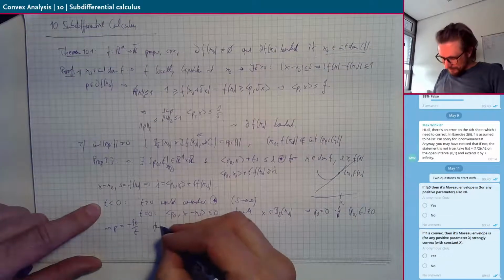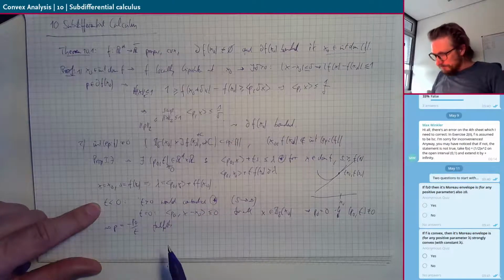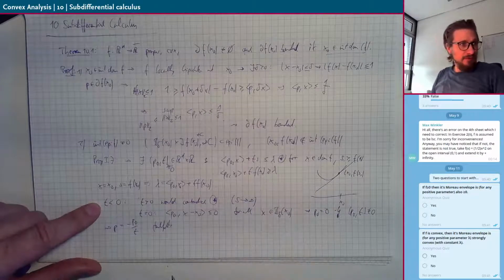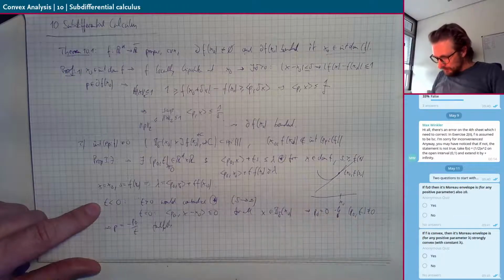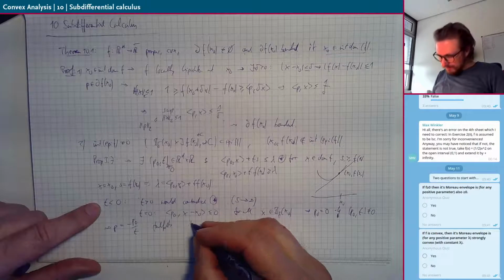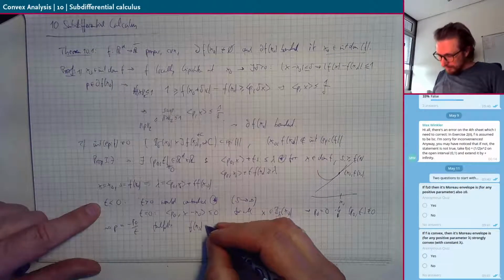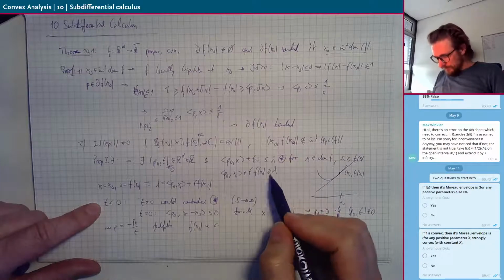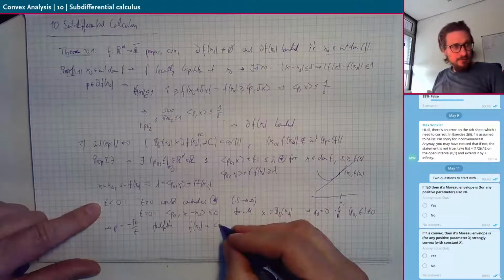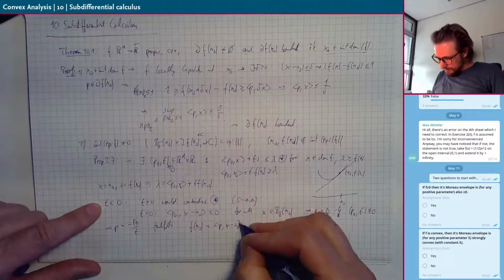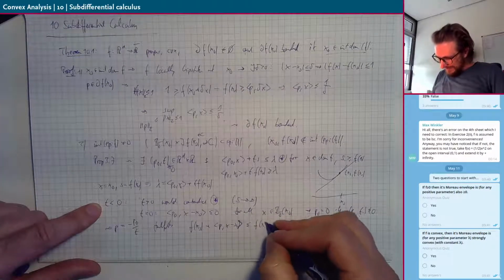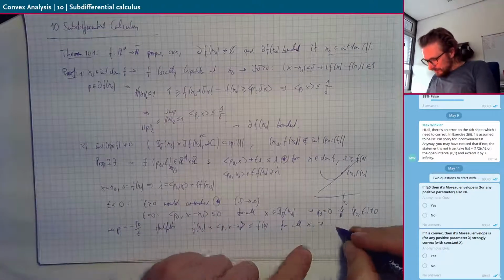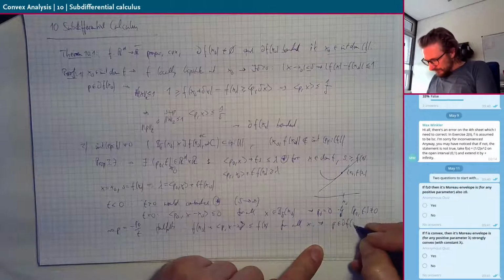And this guy fulfills, we can probably get it from one of these inequalities here, I think this one, this is the one we can transform: f of x0 plus p times x minus x0 is smaller or equal to f of x for all x. And this shows that p is in fact a subgradient of f at x0.